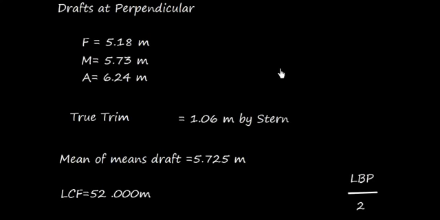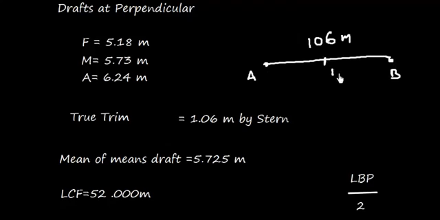Let us find the distance of mid length. LBP was 106, so let me mark here A and B. The total distance was 106 meter and H is the mid length.